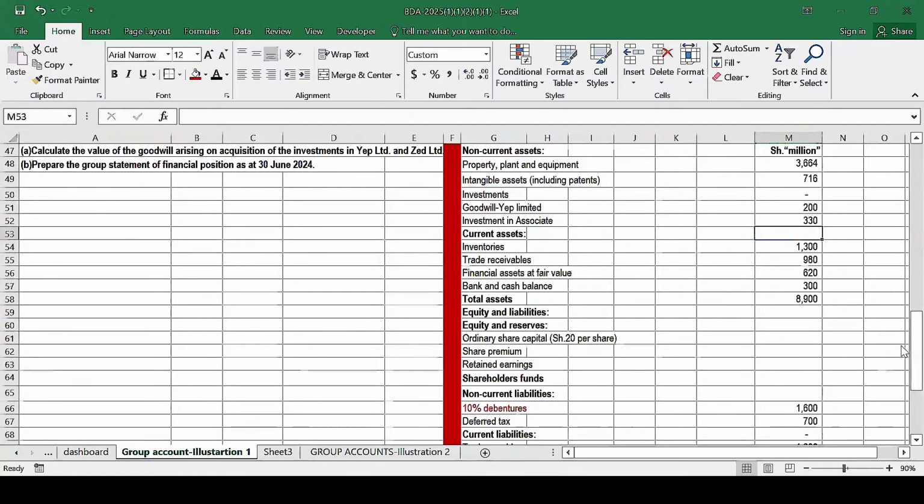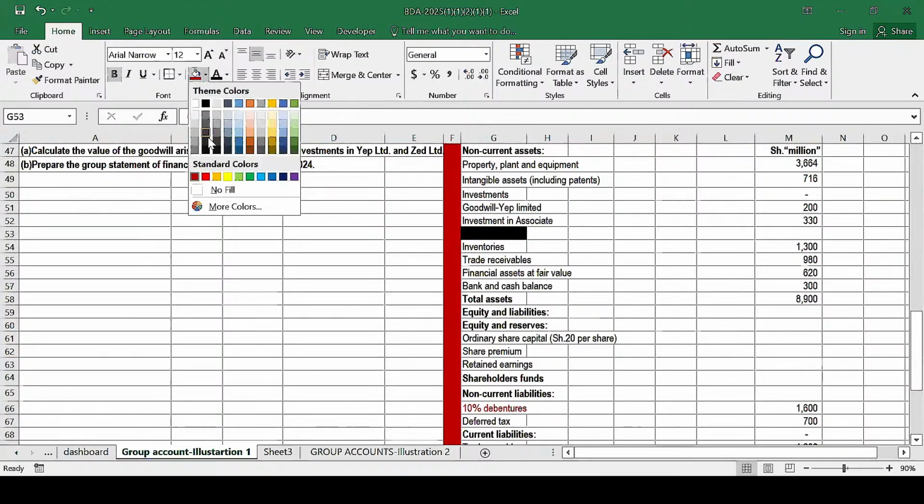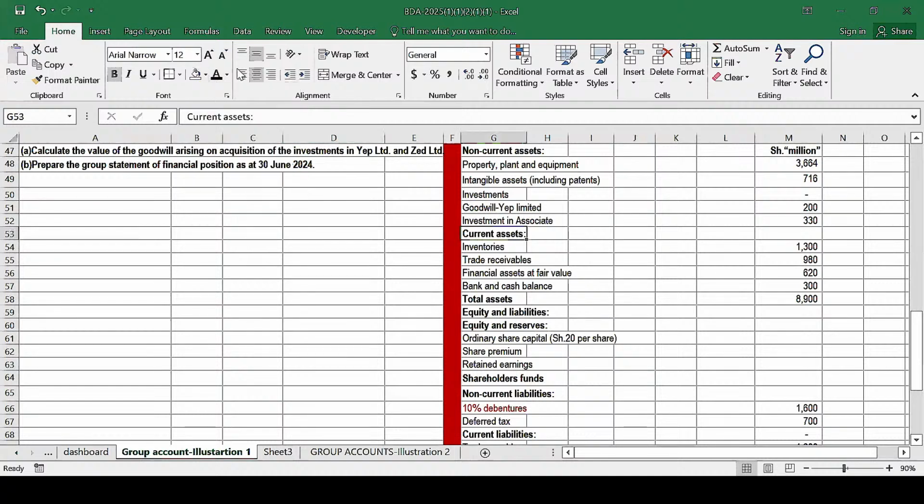Let's go to where we have current assets. Now for the current assets, we start with the inventory. This one will have an adjustment because we have a component of unrealized profit.